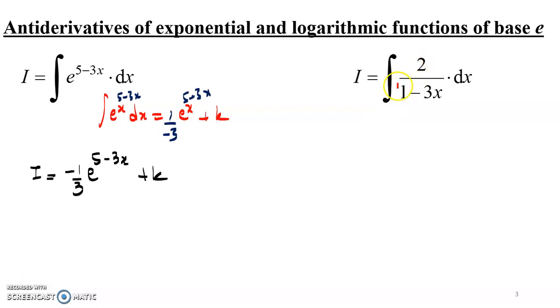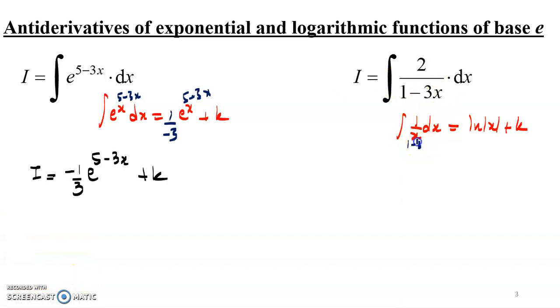Now by looking at the second one, of course the 2 can be isolated outside the integral, multiplying the whole integral. However, we'd be left with 1 over 1 minus 3x. Again, that being linear, that would in fact remind me to consider it in the form 1 over x, where the integral of 1 over x is ln of the absolute value of x plus k.